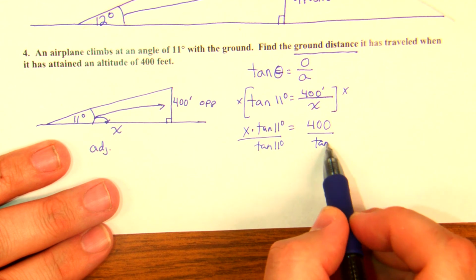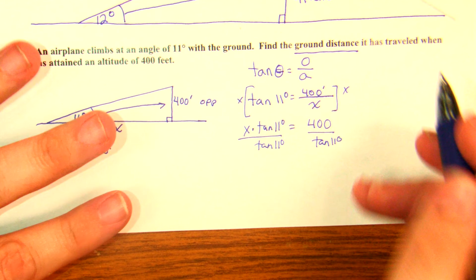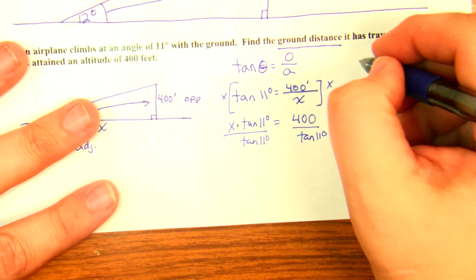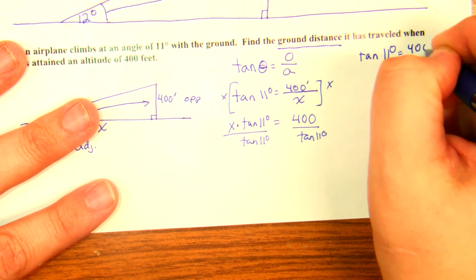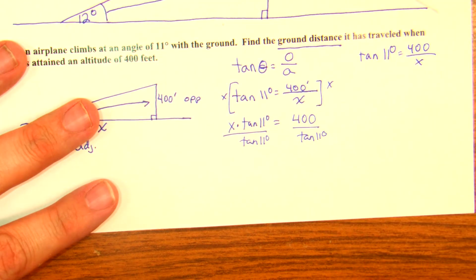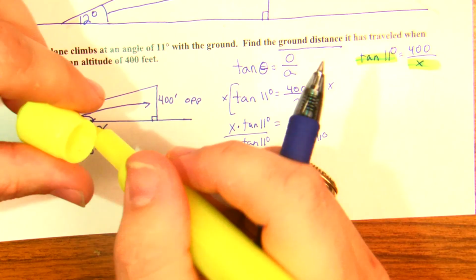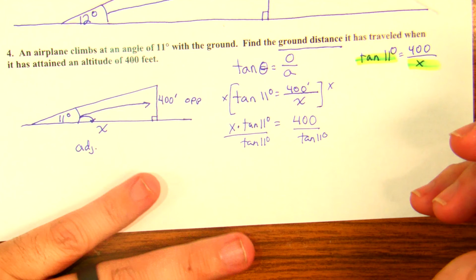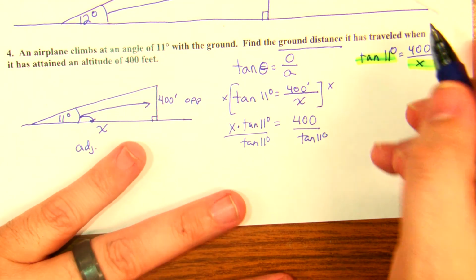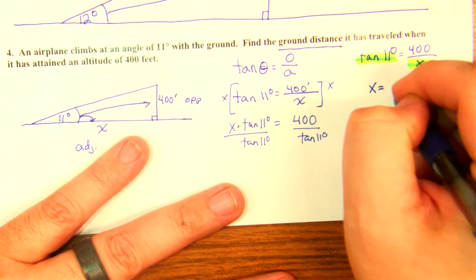In actuality, what you can do is, if you have the tangent of 11 degrees is equal to 400 over x, you can take these two and switch them. Only when the denominator is unknown can you switch this. The x can take the spot of the tangent, and the tangent can take the spot of the x.